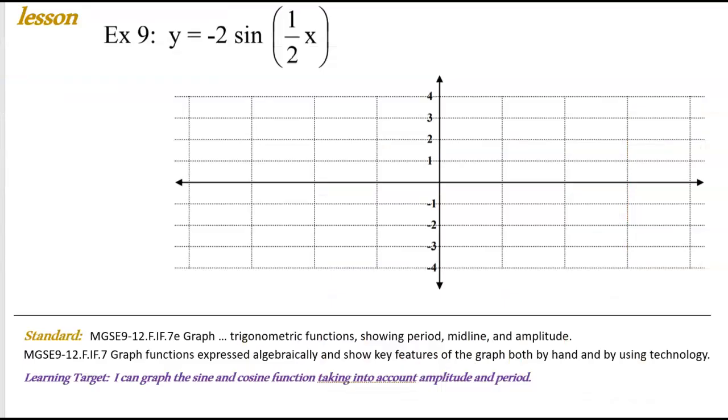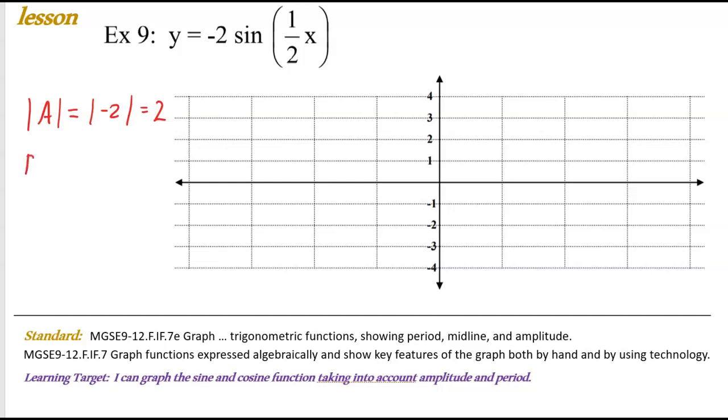The last one, and I notice I have a negative a value, so that's going to mean something. So let's look and see what happens. My amplitude, absolute value of a, absolute value of -2, which is 2. So the height of my function from the midline to the maximum value is 2.